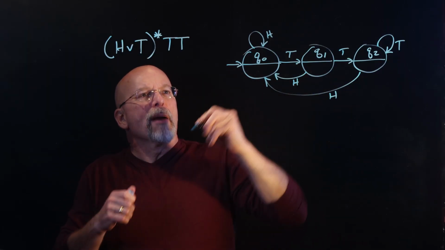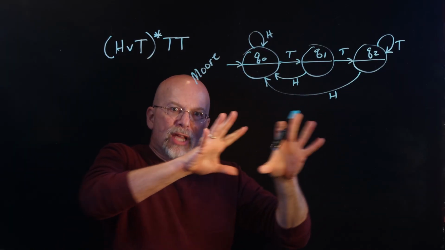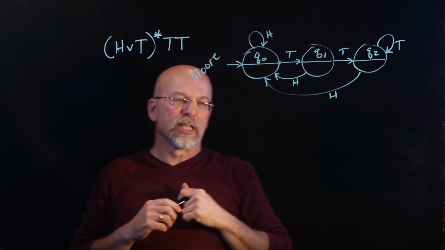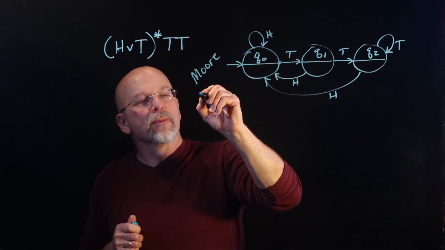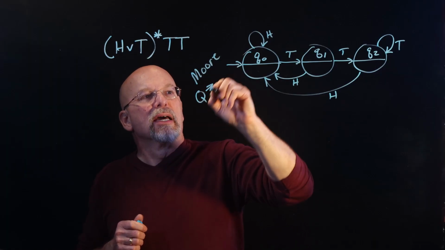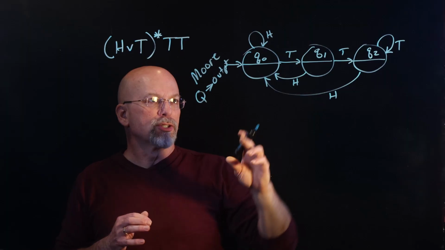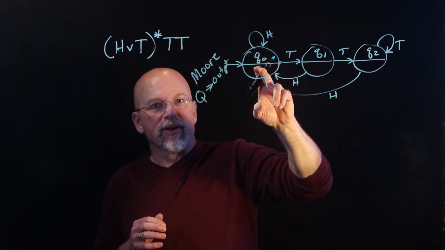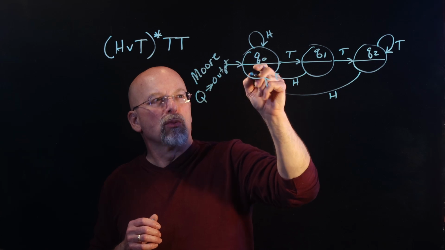Now, when we're talking about a Moore machine, the way we represent it in our state diagram is to include the output in the state, since remember, the Moore machine takes the current state and maps it to our output. So the state identifies the output. So the last one was a heads.